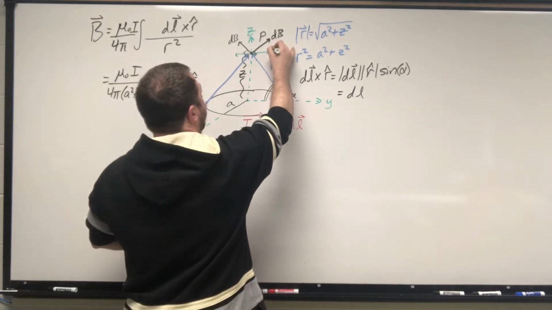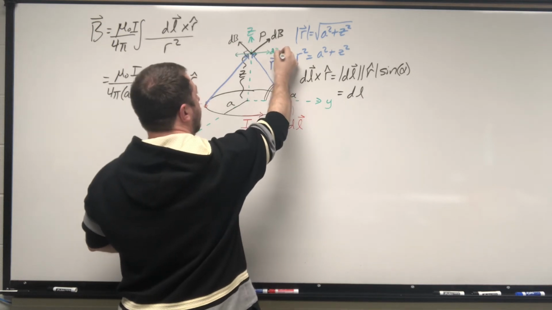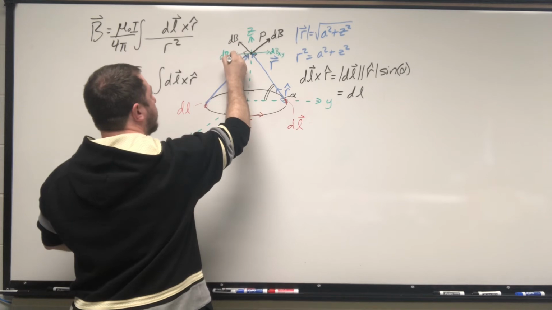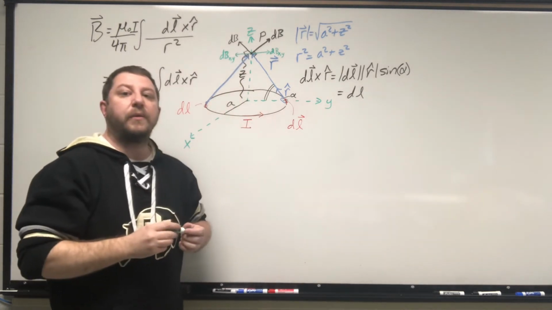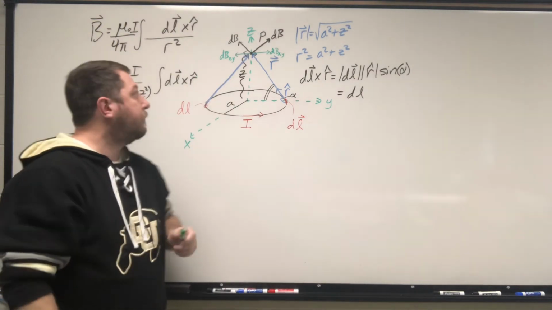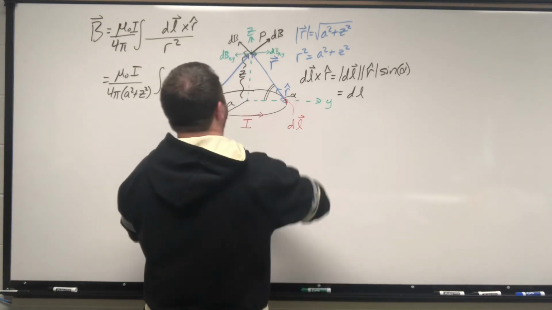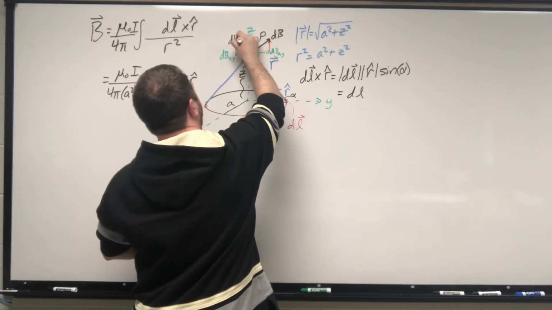So this would be dB in the XY plane, and this would be dB in the XY plane. And those two components are going to cancel. Only your vertical components are going to add up, right? So my vertical components are what are going to add up.